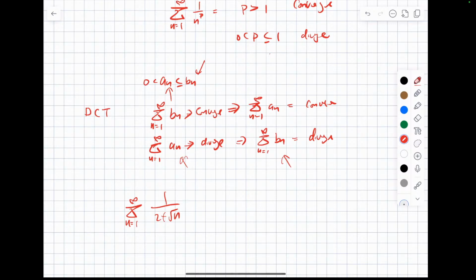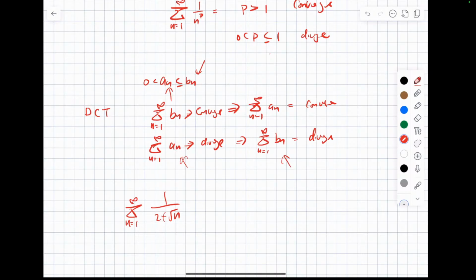Now, is 2 plus square root n less than or greater than that? Less. But if you're less than a divergent series, I have no idea. Say I'm the borderline; if you're less than me, then you're stuck, right? And if you're greater than me, it could converge or diverge.